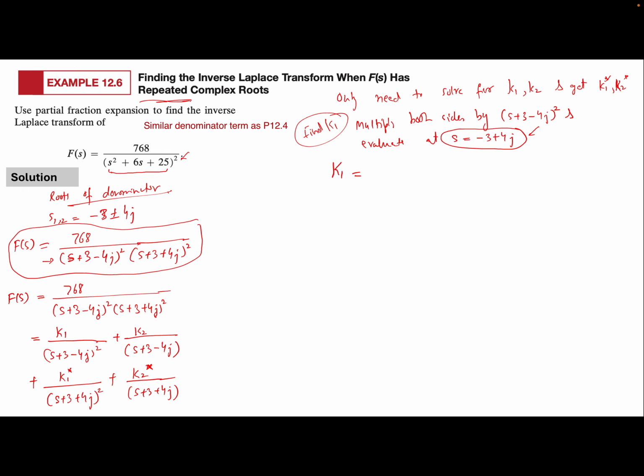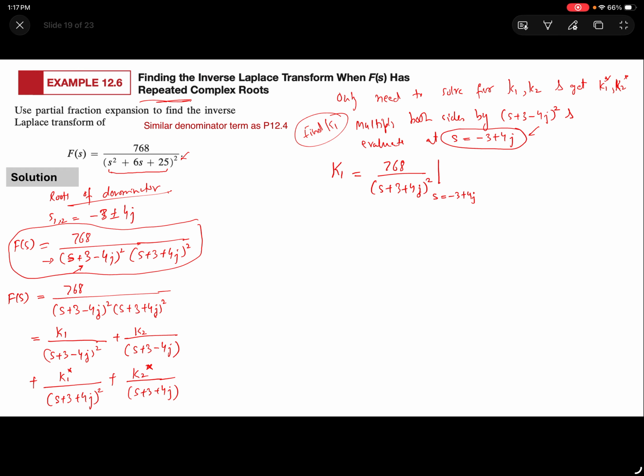And on the left-hand side, since you're multiplying by s plus 3 minus 4j square, this term will be gone, and you are only left with the other conjugate part of it. So you will only be left with 768 divided by s plus 3 plus 4j whole square, and I need to evaluate this at minus 3 plus 4j.